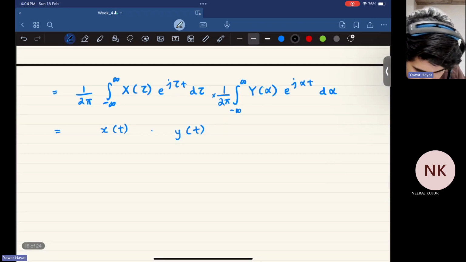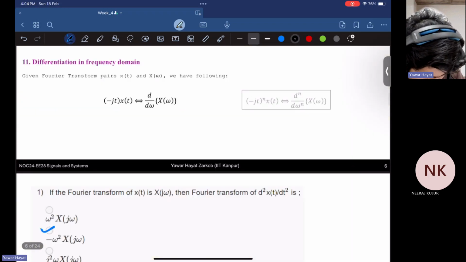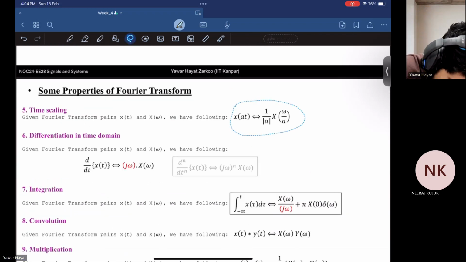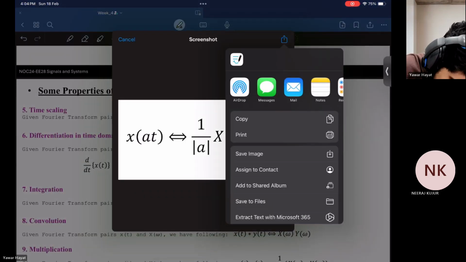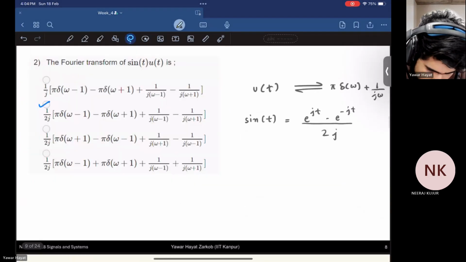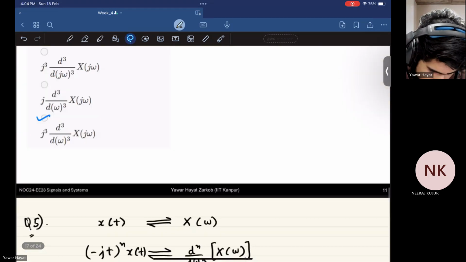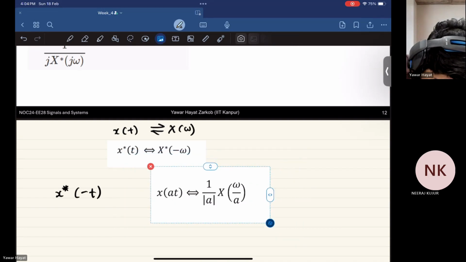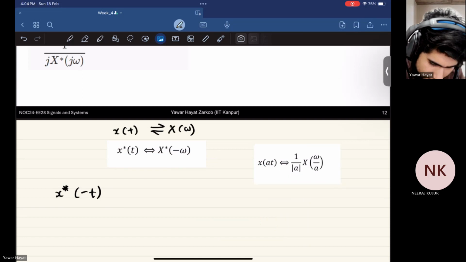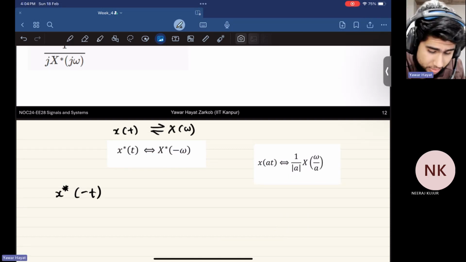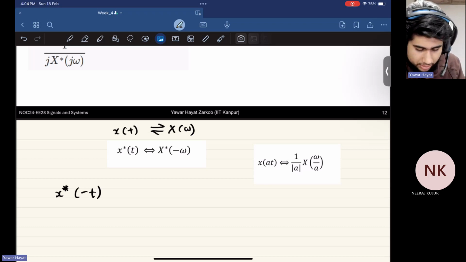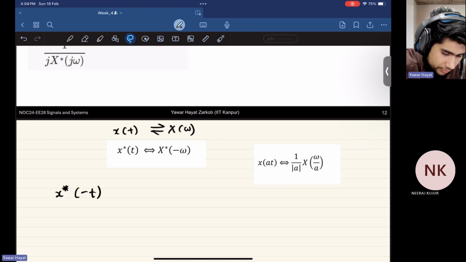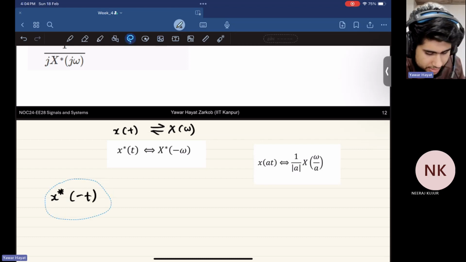By the way, I can help you out with this time scaling property also. Where is that time scaling property? Suppose that you know this much information. Based on these, can you obtain the Fourier transform of this particular signal?